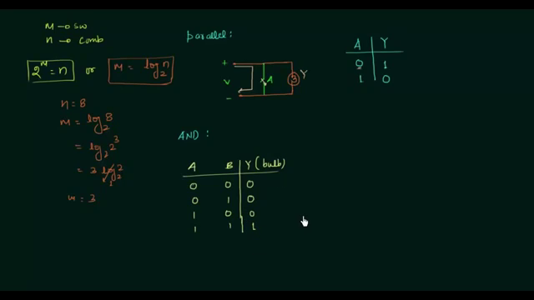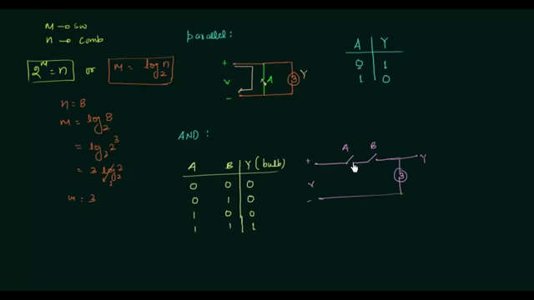Now we will try to obtain the circuit for this AND operation. We have two switches, A, B, and the output is a bulb. This is the output Y. You can clearly see when both A and B are opened, no current will flow through the bulb.